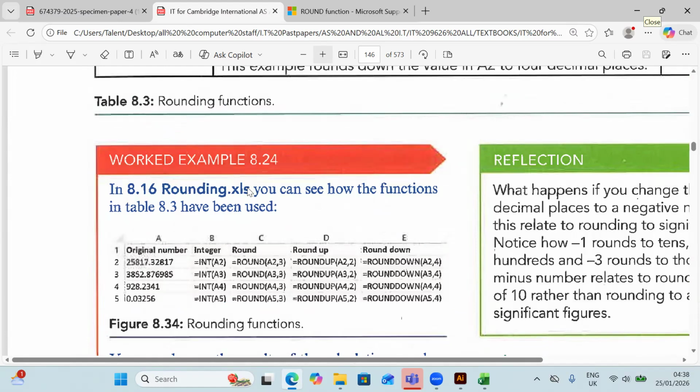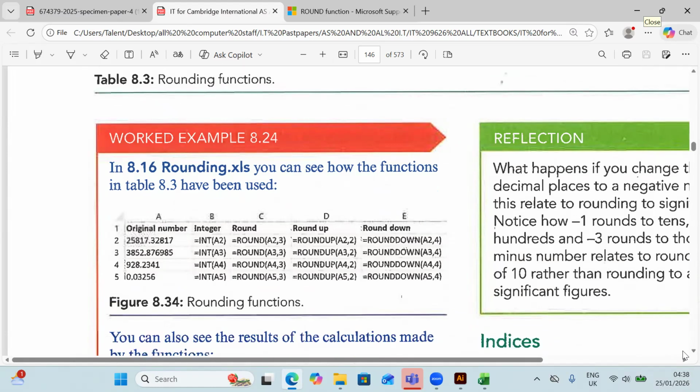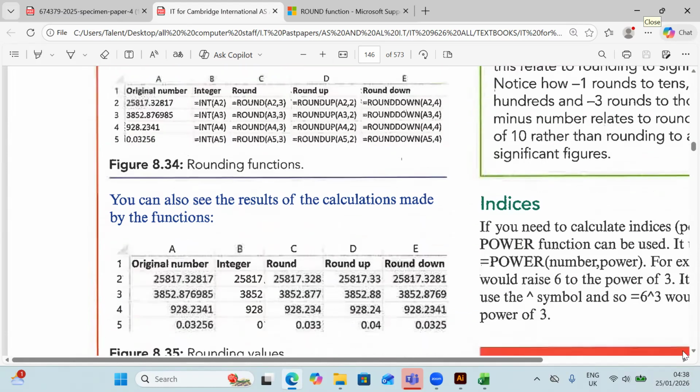We will make sure that we see the function and the expected answer. These are the values that came out, and these are the functions.